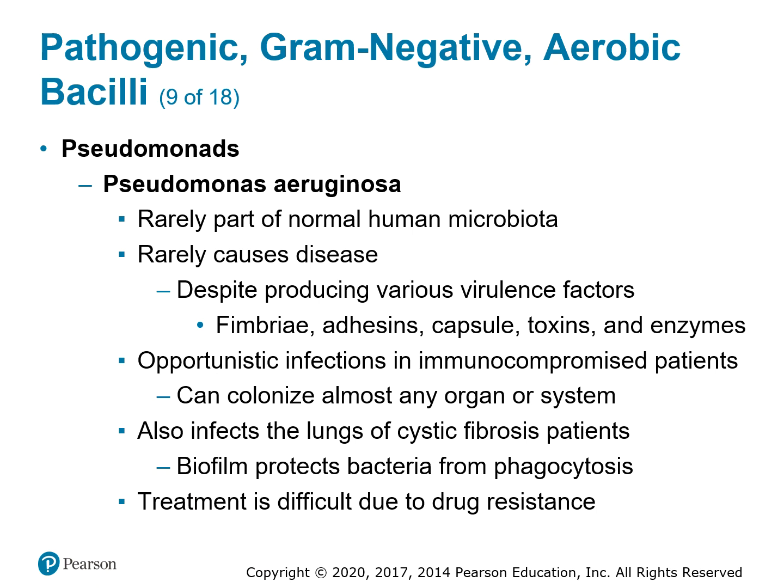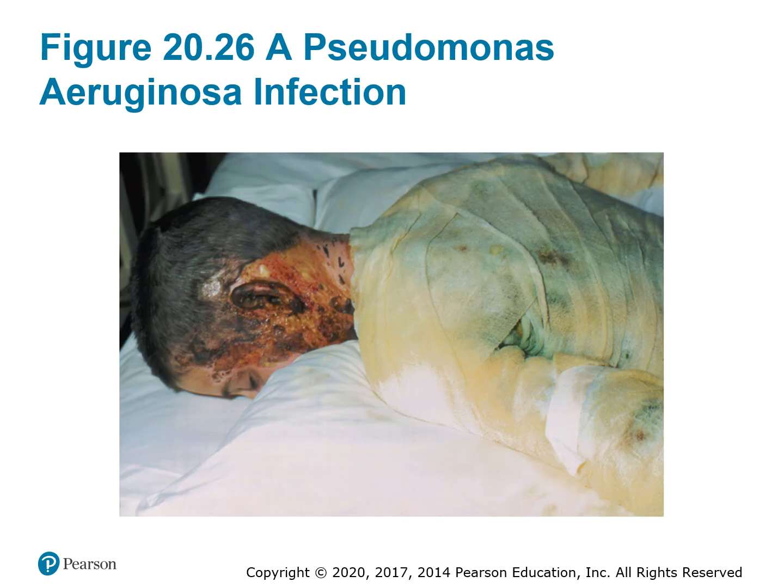However, it can cause opportunistic infections in immunocompromised patients, and it can colonize almost any organ or system in the body. It also infects the lungs of cystic fibrosis patients. It produces a biofilm, which protects the bacteria from phagocytosis, and the treatment for this is difficult because of multiple drug resistance. So a patient with Pseudomonas aeruginosa infection.